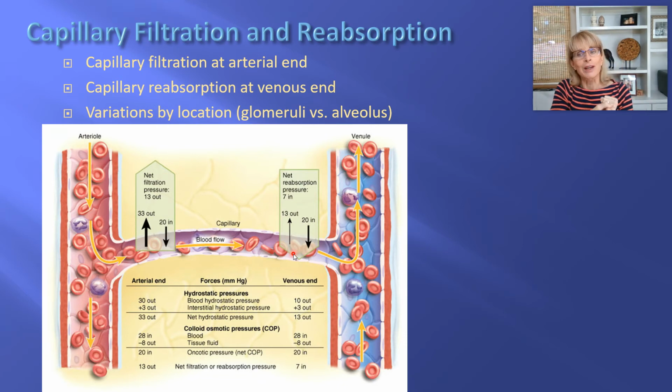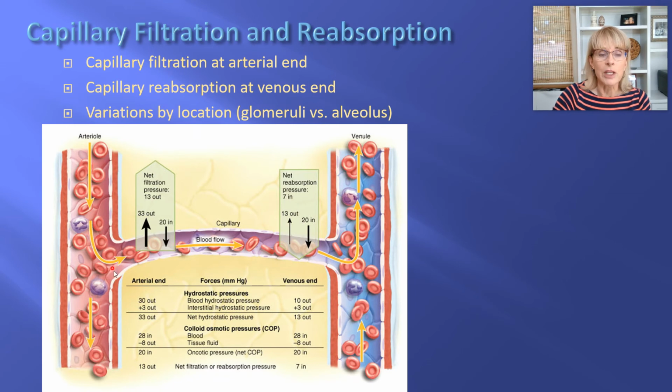It is the pulling of the osmotic pressure. At the beginning of a capillary, the strength of the osmotic pressure pulling the water into the capillary is only 20. So the filtration pressure pushing out is 33, pulling in is 20, out wins, right? In that tug of war, out is going to win.